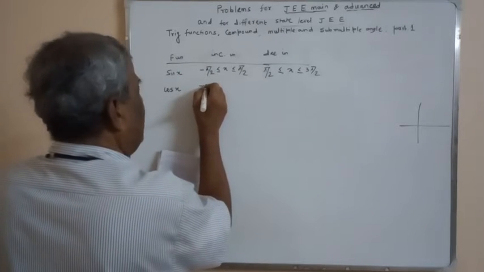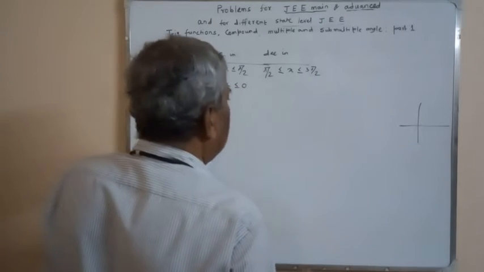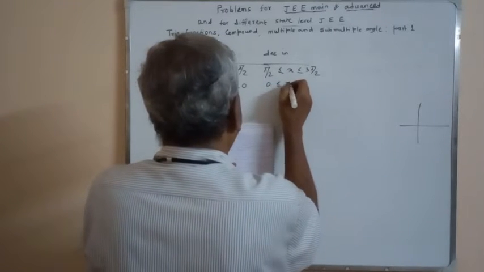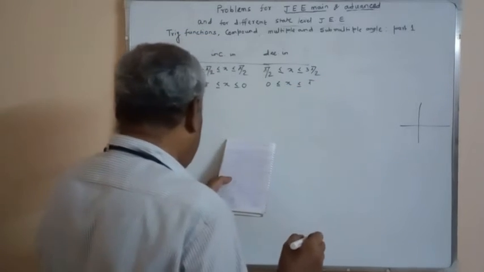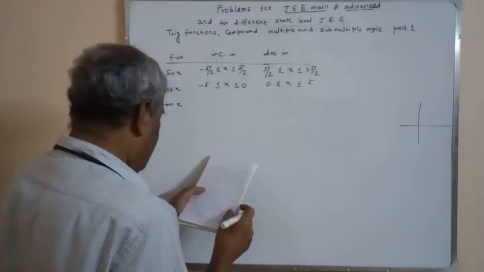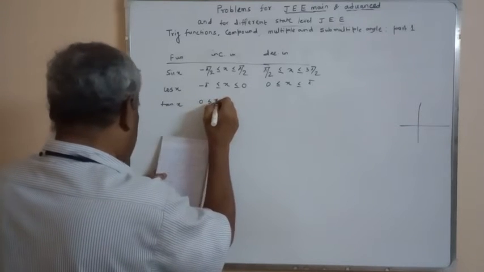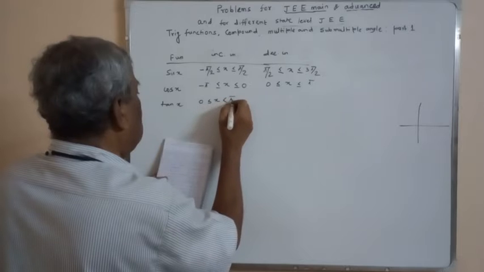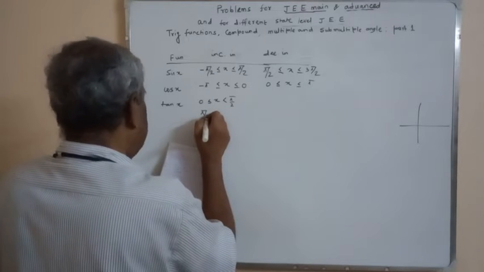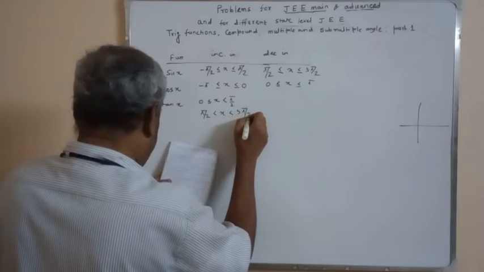Cos function is increasing in minus pi less than or equal to x less than or equal to 0, and decreasing in 0 to pi. Tan x, 0 less than or equal to x less than pi by 2, and pi by 2 less than x less than 3 pi by 2, increasing.